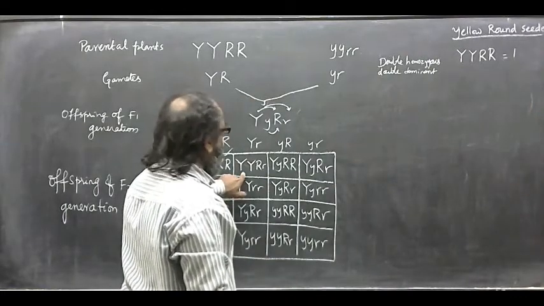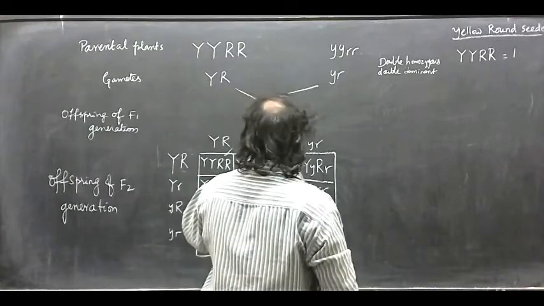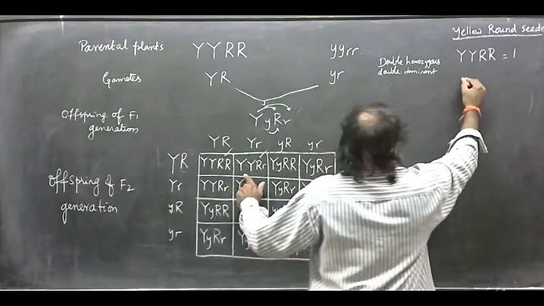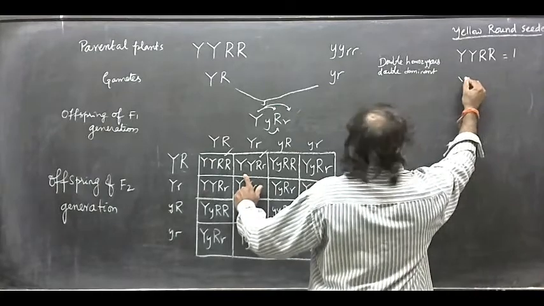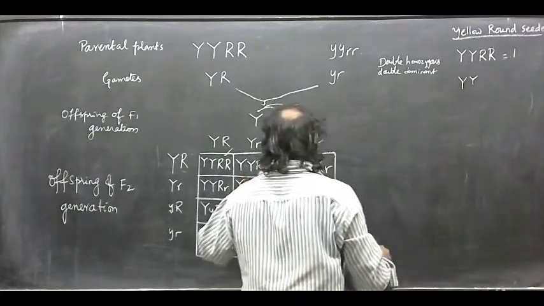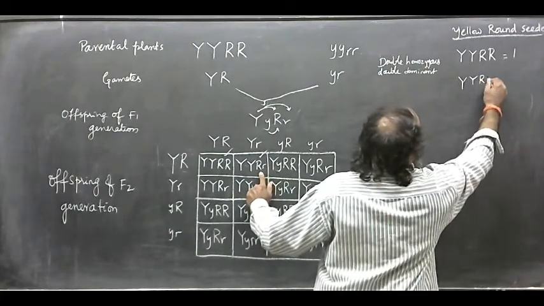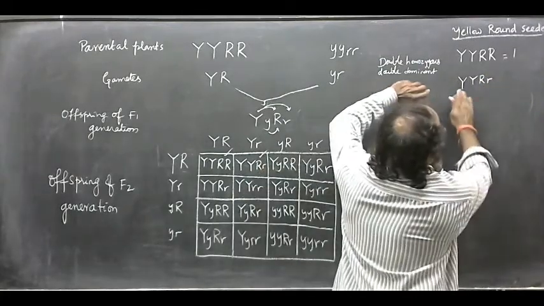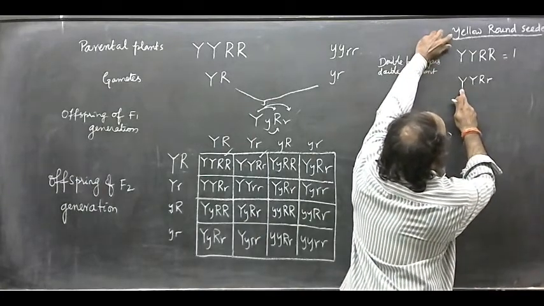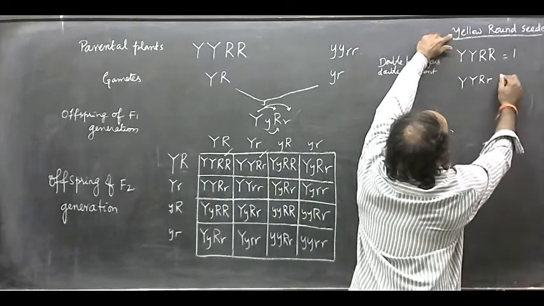Then the second: its genetic makeup is capital Y, capital Y, capital R, small r. Still it is yellow round.